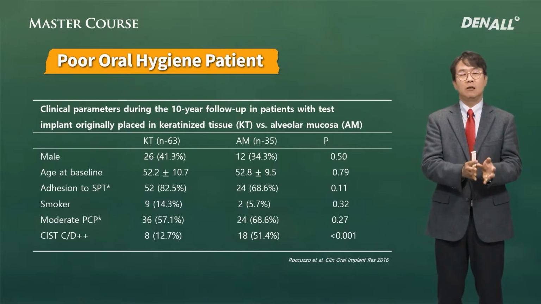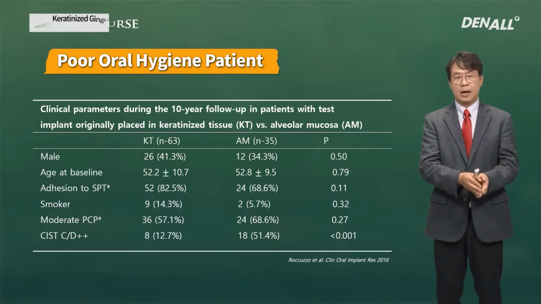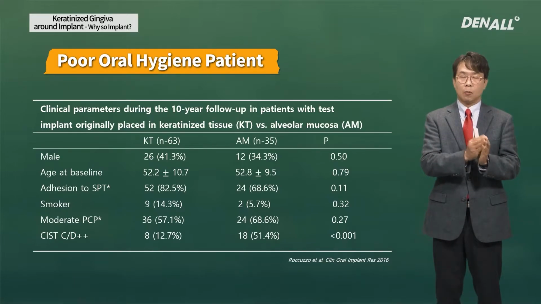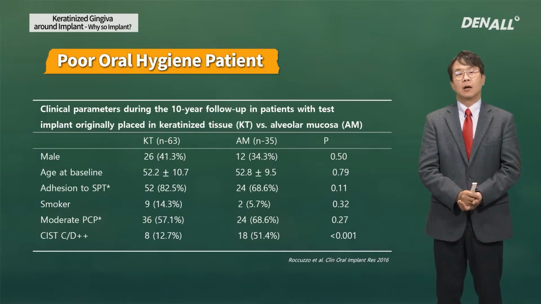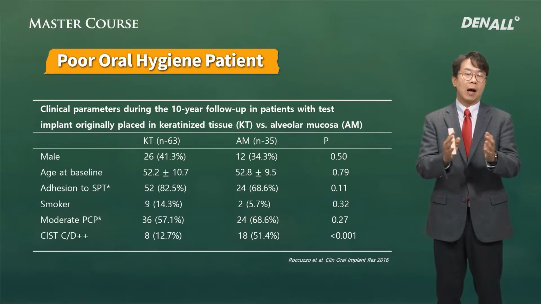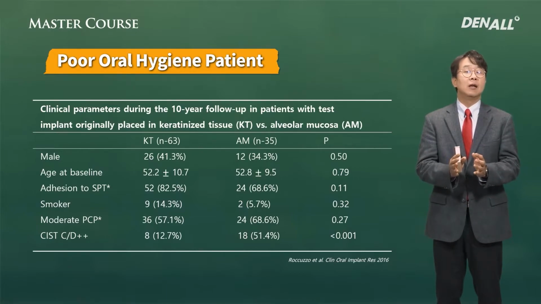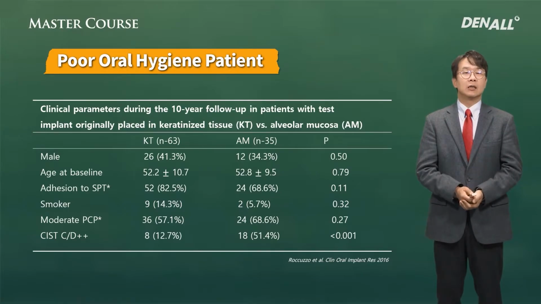C and D at the bottom means in a group with less keratinized tissue, there have been more surgical approaches used. In terms of percentage, much higher percentage there. That means the situation is much worse. What are the reasons for that?